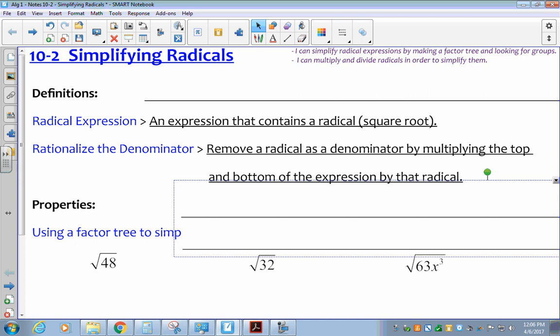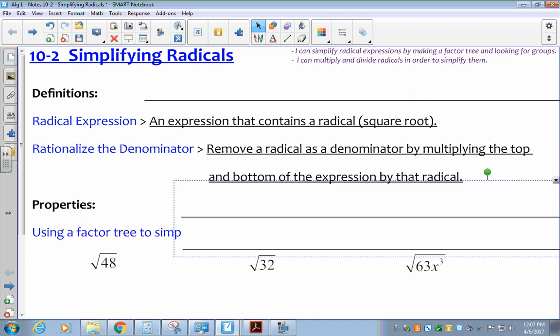We use the English standard system of measurement, and everyone else in the world uses the metric system, and there's not really a good reason for it. Rationalizing the denominator is similar to that. You're going to get questions that will ask you to simplify the radical. If we don't rationalize the denominator, it is not technically simplified, and I have to mark it wrong.